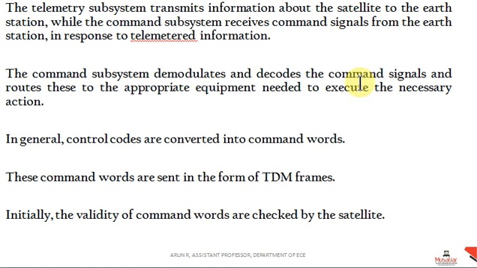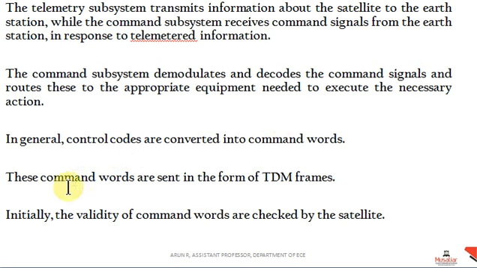And generally the control codes are converted into command words, and these command words are sent in the form of TDM frames. Initially the validity of these command words is checked by the satellite. This is about the telemetry and commanding subsystem.